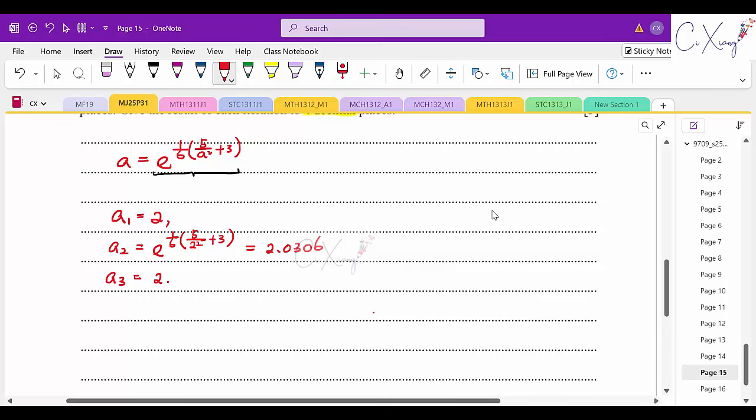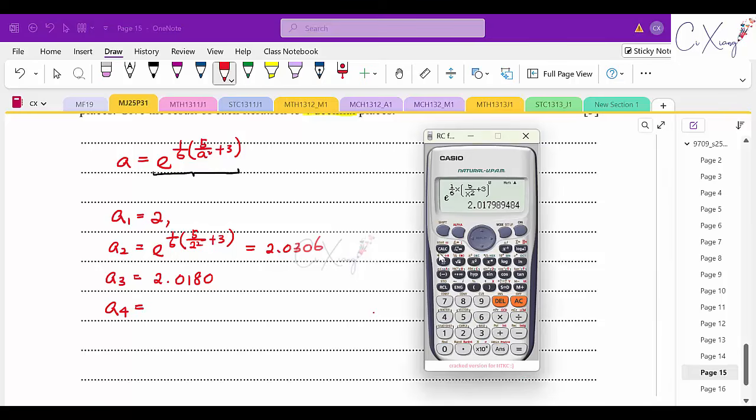So I'll get 2.0180. Then continue further. Repeat the process again: calculate, key in the value 2.0180, press equal sign. And I get this value 2.0231.